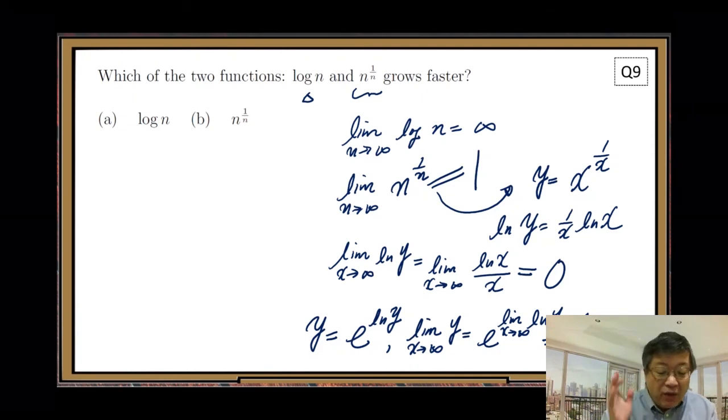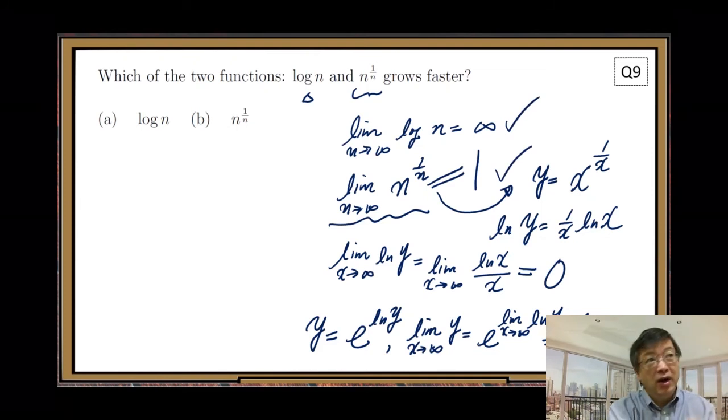All right. So after our limit calculation, finally we get this limit when n goes to infinity. It is 1. Now you compare infinity and 1. Which one grows faster? One approaches infinity, another approaches 1.